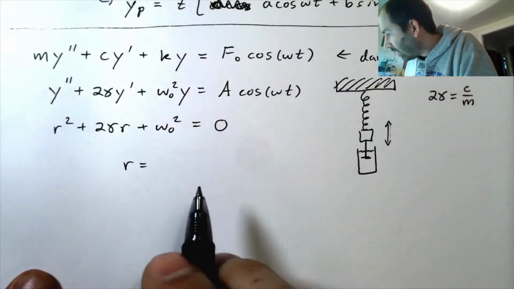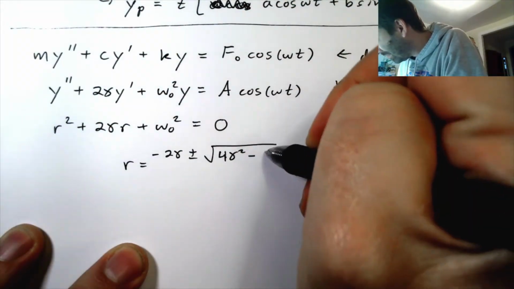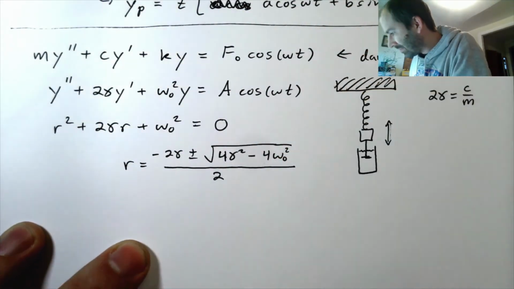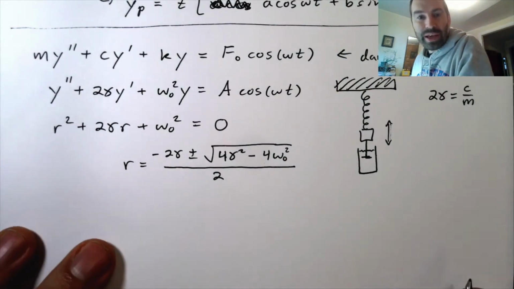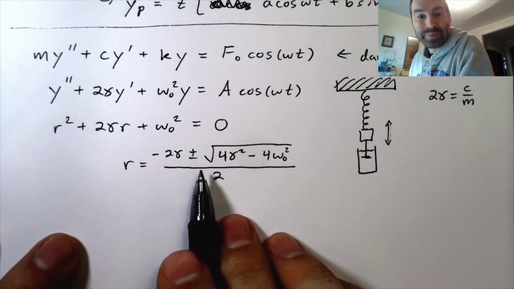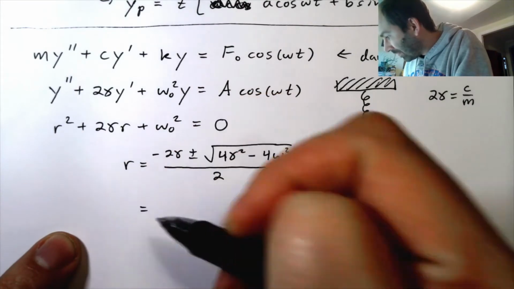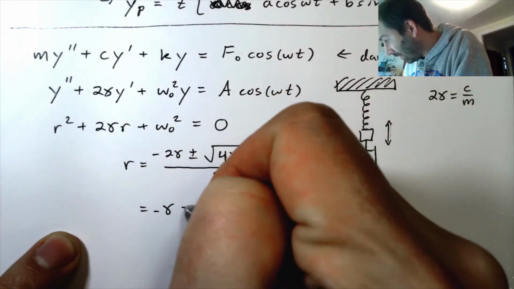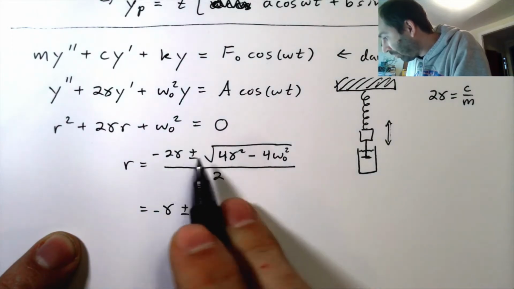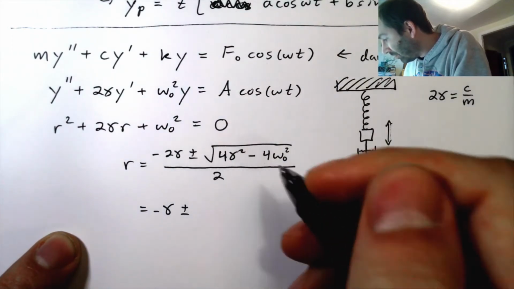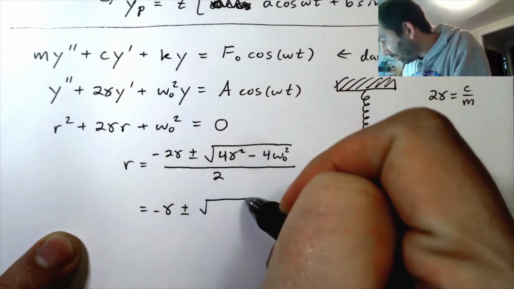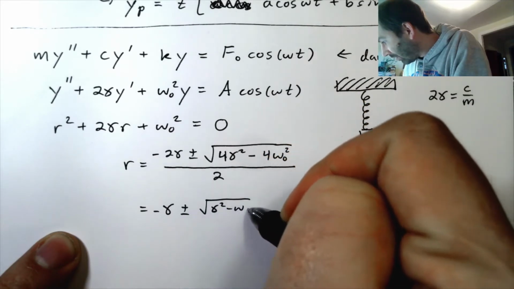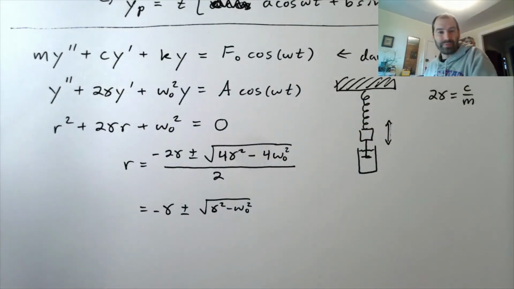So what we get is this, okay? And let's simplify it a little bit. We get negative gamma, plus or minus, well, that 4 comes out, cancels with the 2. We just end up with the square root of gamma squared minus omega naught squared. Okay?